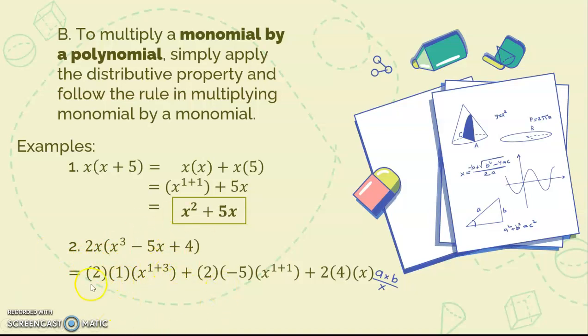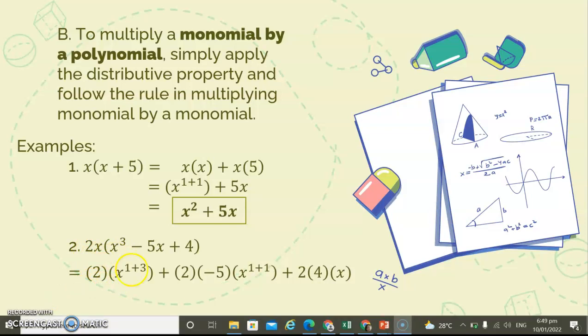Inside the parenthesis, x cubed has no numerical coefficient, so it is understood to be 1. But we can also leave it out, because when we multiply 2 by 1, the answer is still 2.